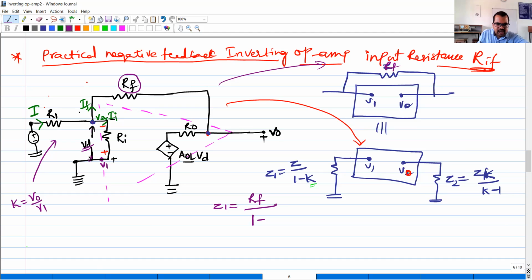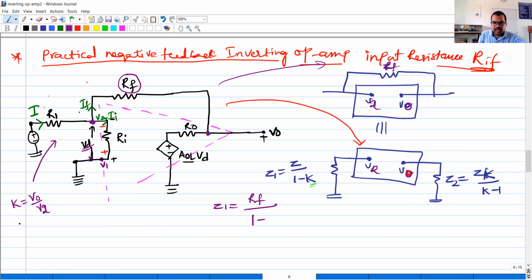Let us assume this is V2, this is V0. So K is equal to V0 by V2. Yes or no?